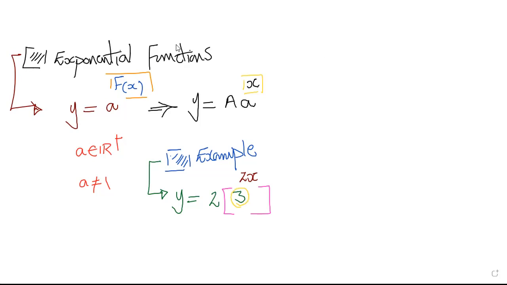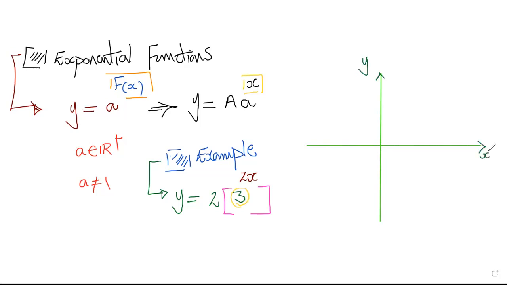Now, in order to plot this function, we are going to plot it in the Cartesian frame. I construct 2 axes, one of them is x, the other one is y. That's why it's going to be a Cartesian frame. That's the starting point.